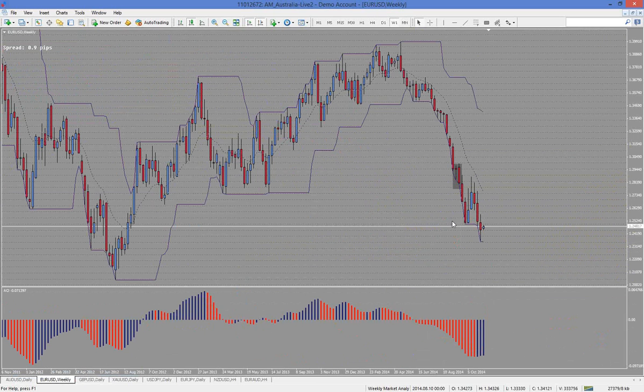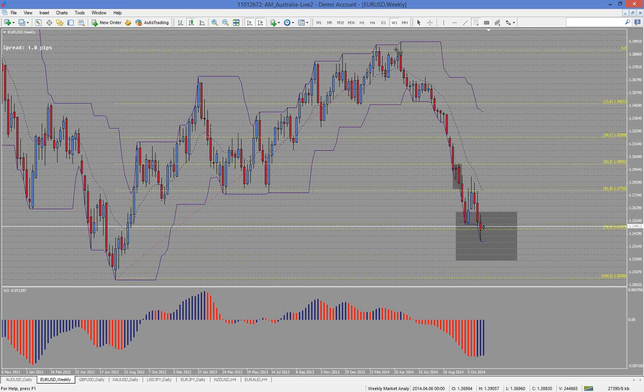If I go to a weekly chart, the only reason I'm doing this is because I'm interested to find out whereabouts we are right now in this area, because I might be interested in looking for a bounce, but I need to know where I am. I wouldn't trade off the weekly chart, but I'm just going to check a couple of things.